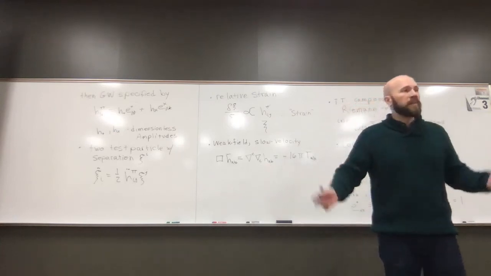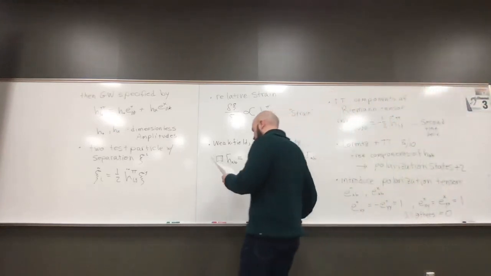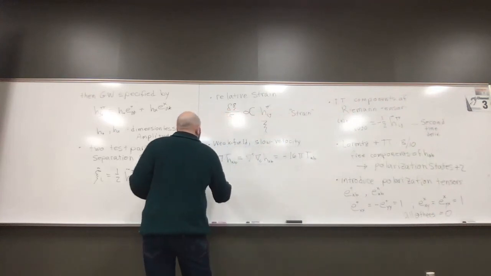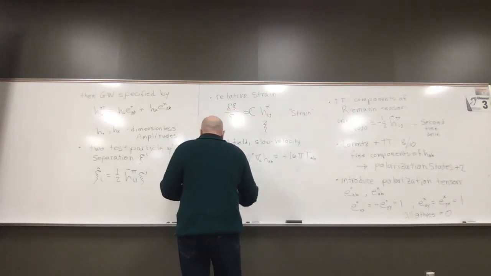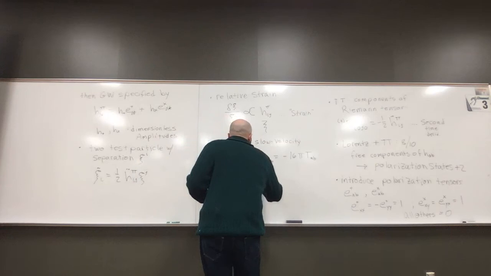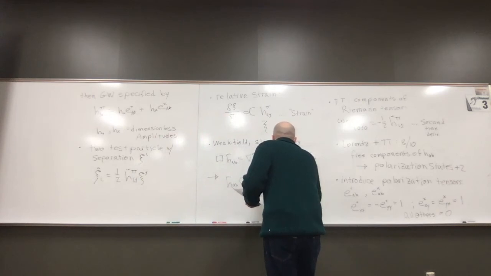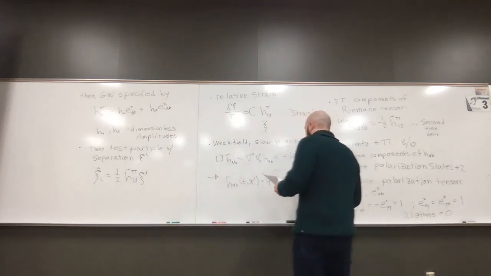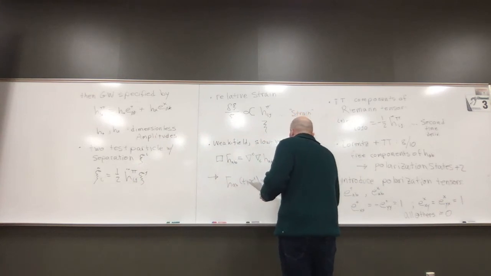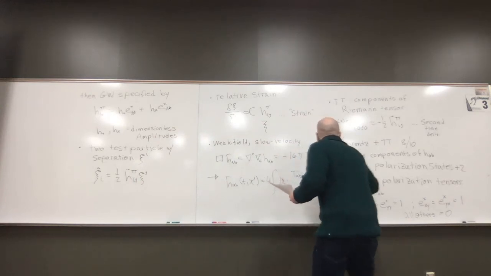And so you go and you look in Abramowitz and Stegun and you find the appropriate Green's function and you write down the solution. And you never do the integral yourself. And so if you do that, you find that H bar AB as a function of time and position x is equal to 4 times the volume integral, a spatial volume integral, of this stress energy tensor, as a function of t minus the absolute value of xi minus xi prime.